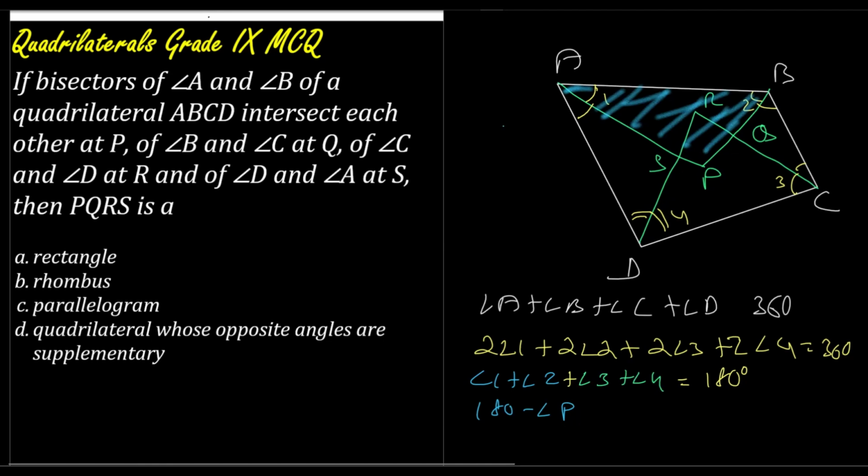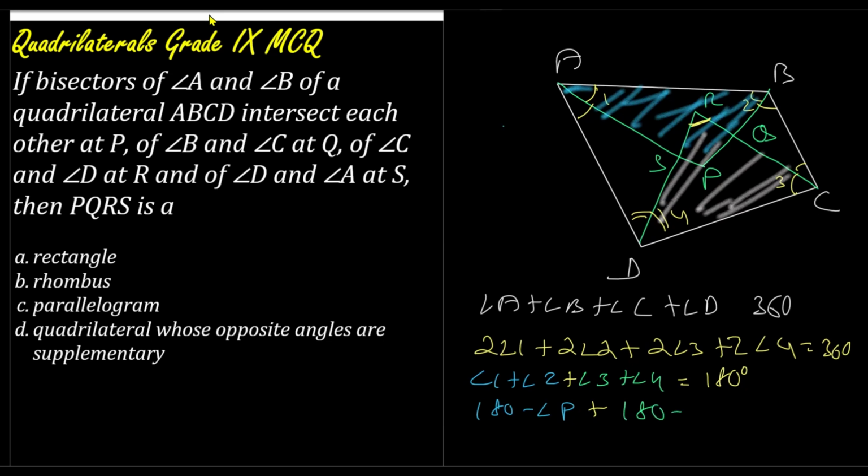Check for this triangle. I'm talking about this triangle. Angle 3 plus angle 4 plus angle R is 180. Therefore, 3 plus 4 will be 180 minus the third angle, that is R, and that is equal to 180. So I can see opposite sides, same sign get cancelled.